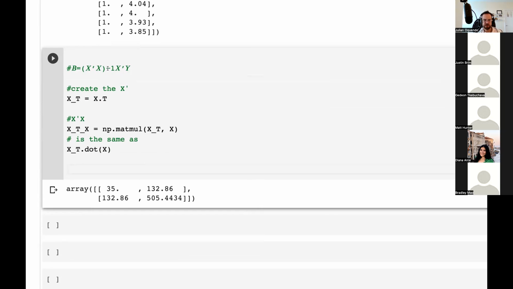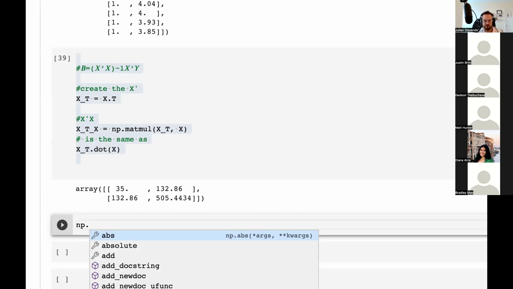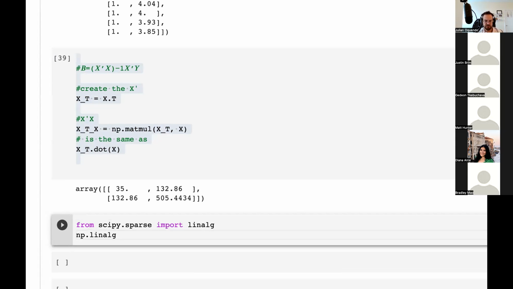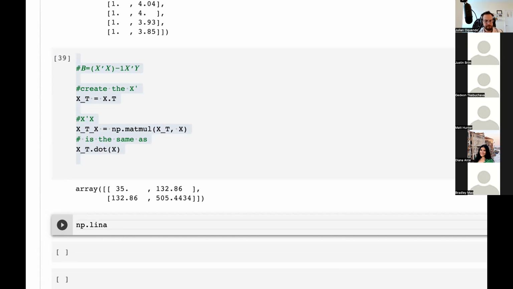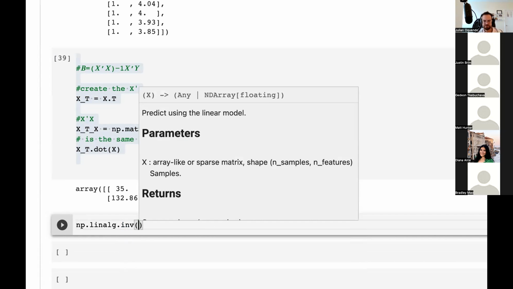So we've got that first part. Let's then calculate the inverse of the value. We'll go ahead and copy this. Within NumPy, you'll find a tool called linear algebra, and within linear algebra, you'll find the inversion function.